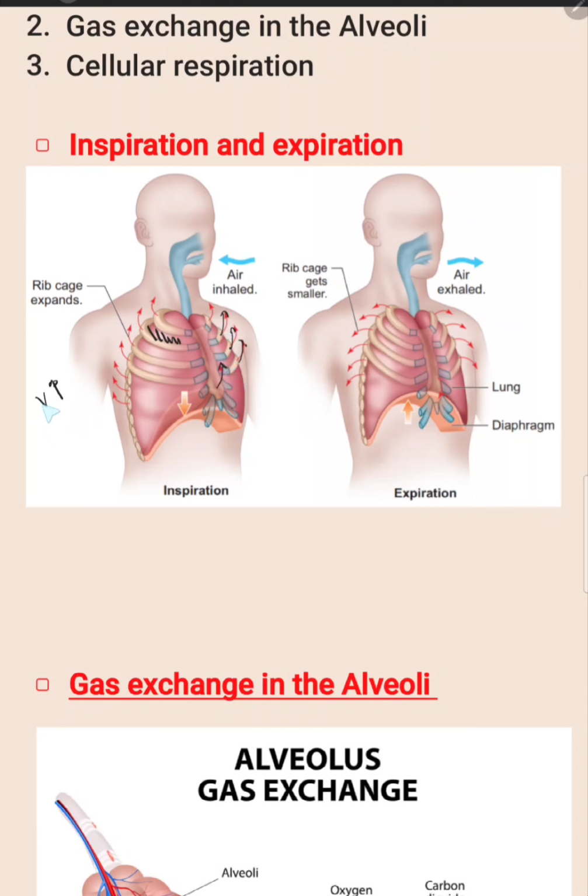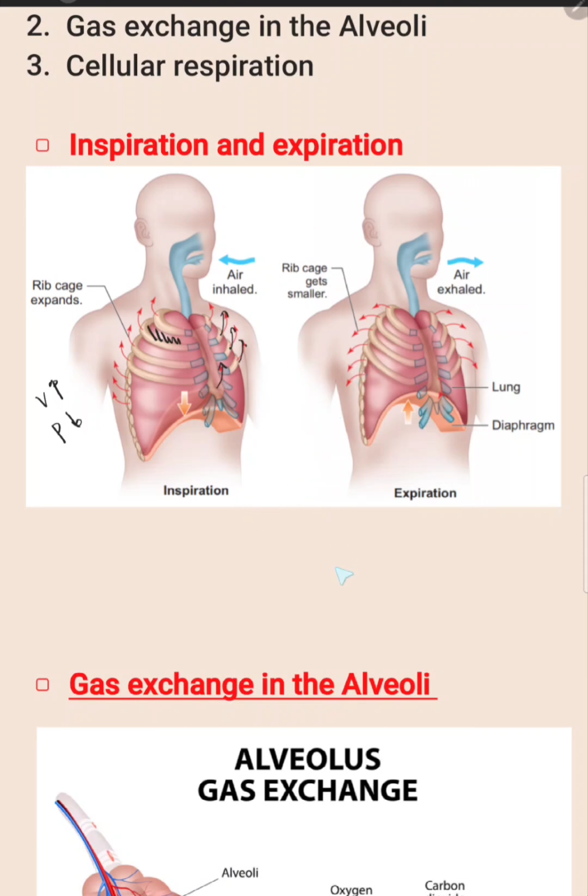We know that if the volume increases, the pressure decreases compared to the external air. Air always flows from high pressure to lower pressure. So the air in the external environment enters into the lungs when we are doing inspiration.